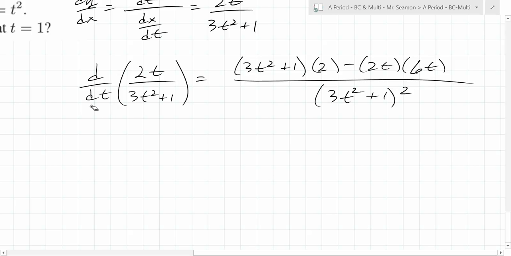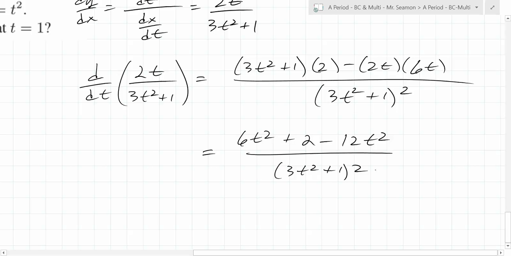OneNote blinked back. Now, what should you do to this before the next step? Simplify. Should you multiply out the denominator? No, you should clean up the top. You end up with 6t squared plus 2 minus 12t squared over 3t squared plus 1 squared.